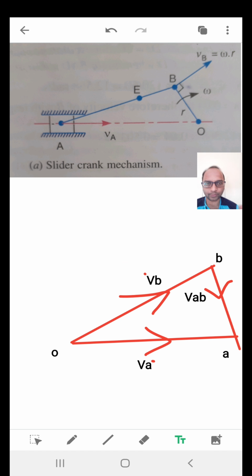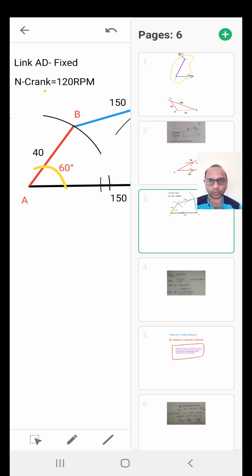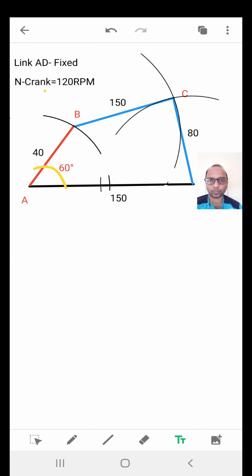Okay. So by measuring the distance of OA, we came to know the velocity at point A. This is a very simple method. So then in the next problem, this is a 4-bar chain mechanism.